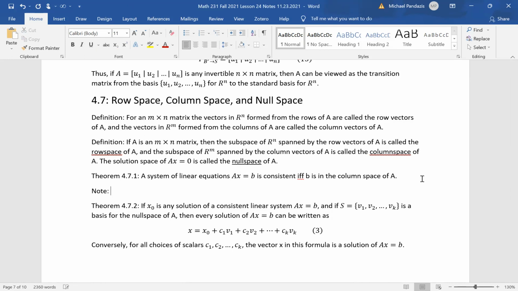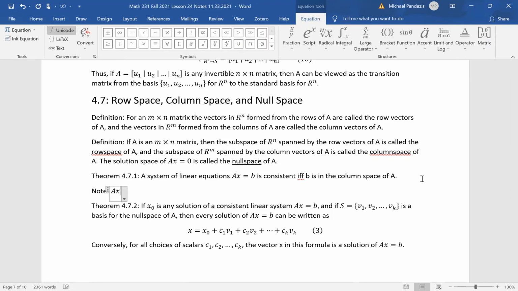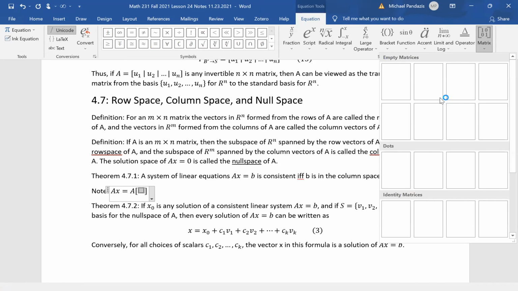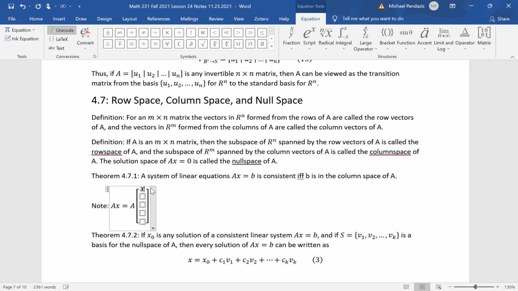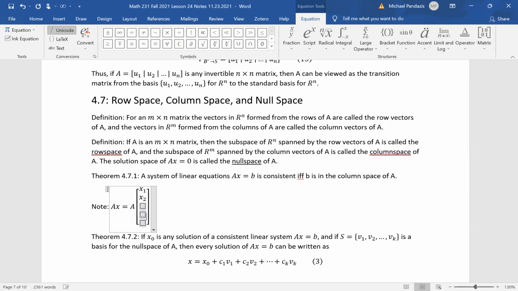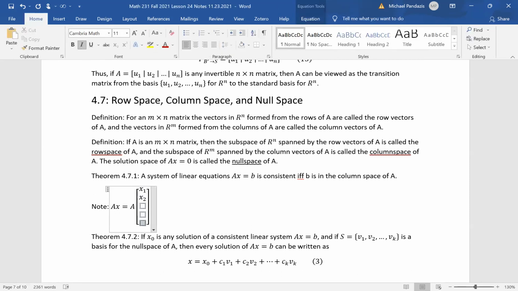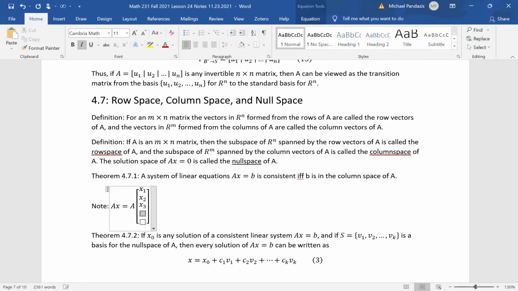So AX is equal to a matrix A times a column vector X, which is the solution vector of your linear system. If you look at the elements of this solution vector, x1, x2, x3, dot, dot, dot, x sub n, that's AX.